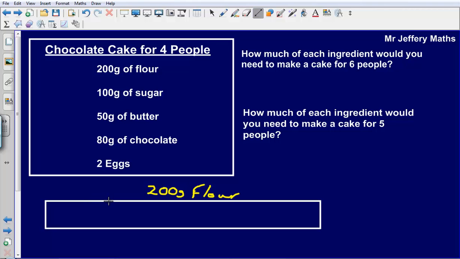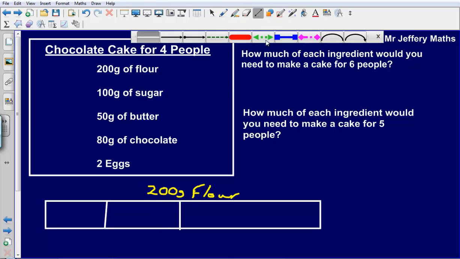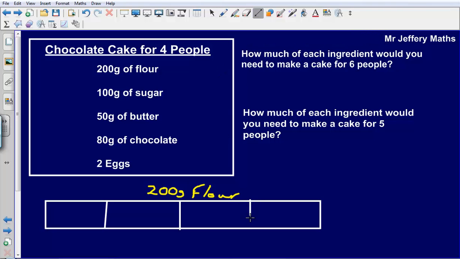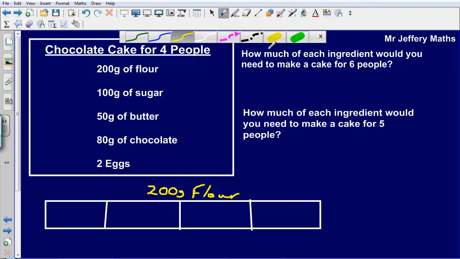So what I could say is that if I split this box into 4, then by splitting it into 4 I can find out how much flour each person needs. I've split it into 4 because there's 4 people.